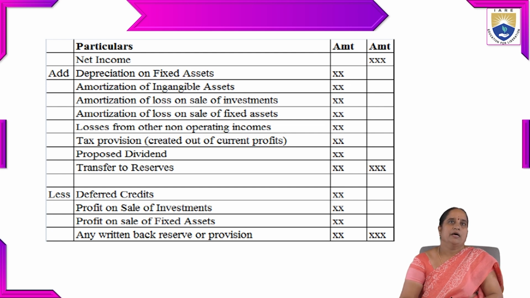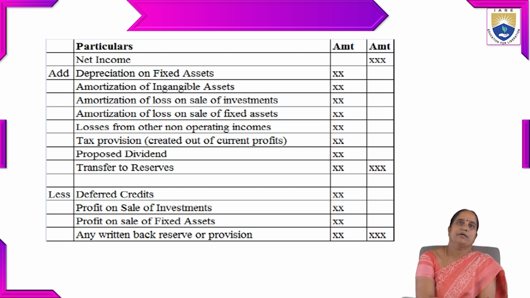So for this, to find out the net income, we again need to add depreciation on fixed assets, amortization of intangible assets, amortization of loss on sale of investments, then amortization of loss on sale of fixed assets, losses from other non-operating incomes, tax provision which is created out of current profits, and proposed dividends will also be added, transfer to reserves.